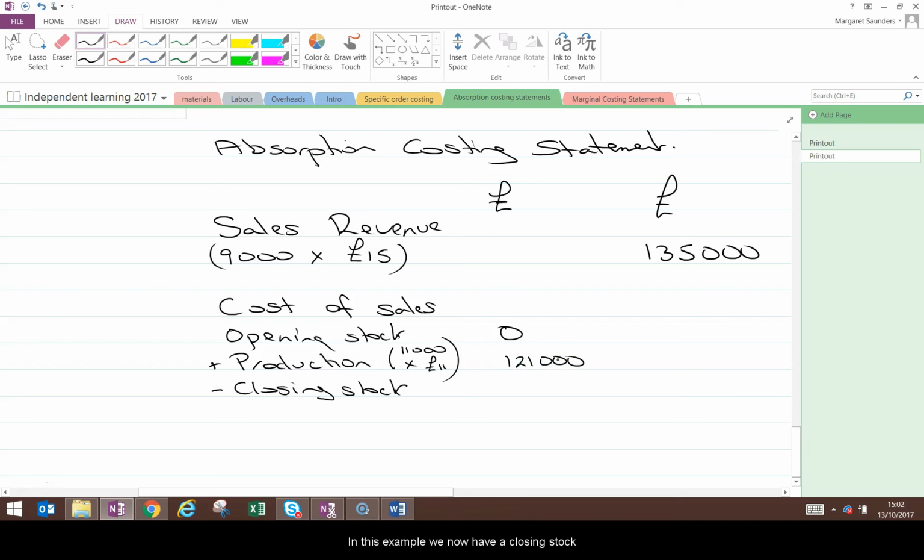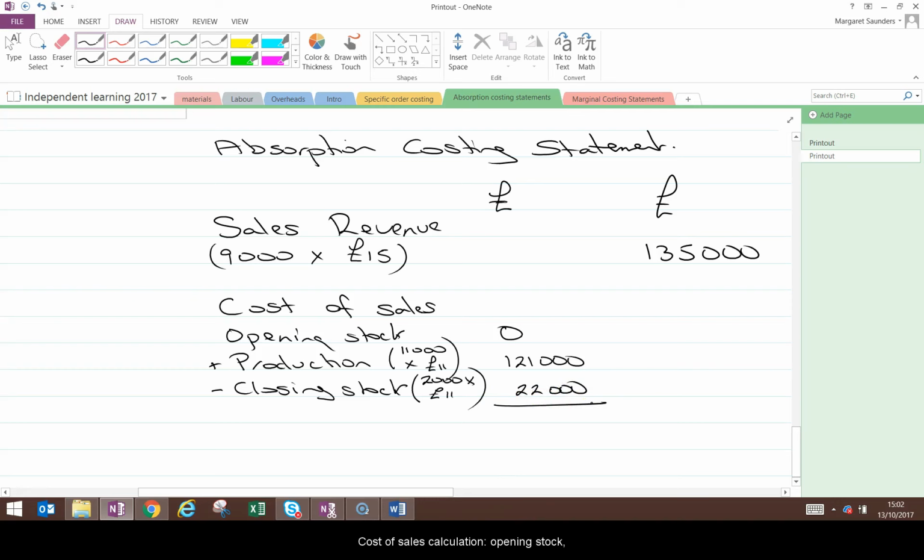In this example, we now have a closing stock because we've produced 11,000 units, we've sold 9,000, so we've got 2,000 left. So they're still in the warehouse, they're stock. So those 2,000 units of closing stock are also valued at the production cost. So the closing stock, 2,000 units at £11, gives us £22,000.